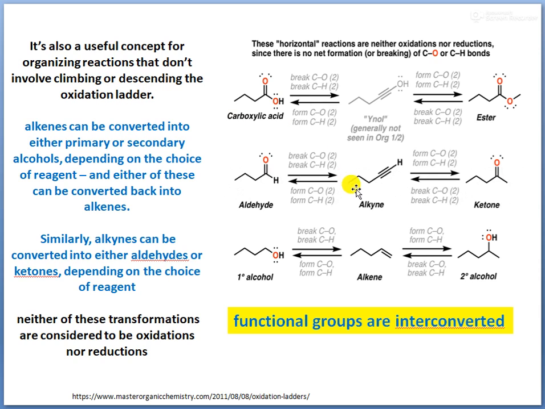For example, alkenes can be converted into either a primary or a secondary alcohol depending on the choice of the reagent, and either of these can be converted back to alkenes. So these are actually not oxidation or reduction reactions. The only change is that the alkene functional group is being changed to the OH group. So only the functional groups are interconverted.